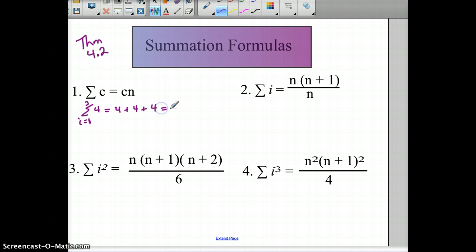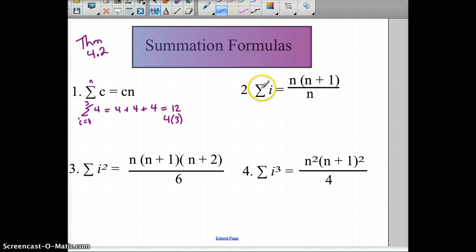And so then that would just be 12. Well, you can see that a shortcut might be just take that constant times the number of terms that you're adding up. So that's the summation of a constant. That's the formula for it. It's just a shortcut so that you don't have to write it all out, expand it out, and do all the math. So it's whatever that constant is times however many numbers you're doing. So that n would be on top here.